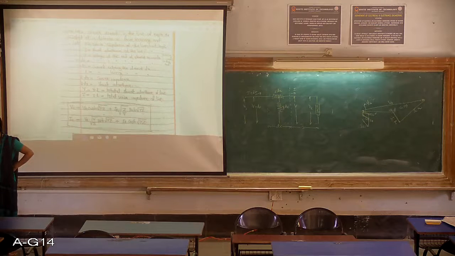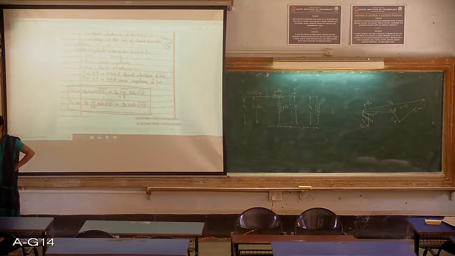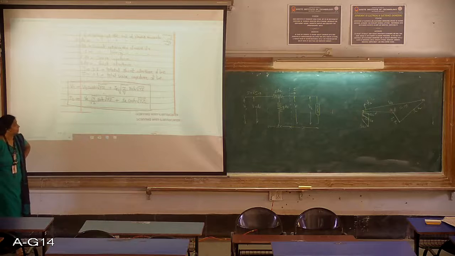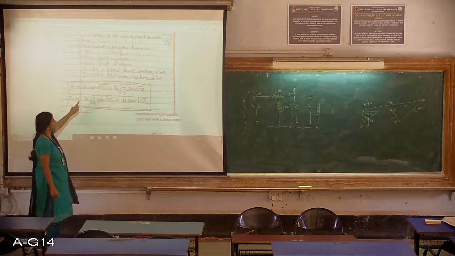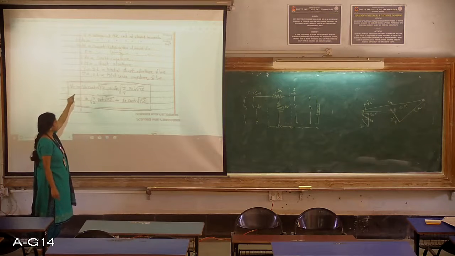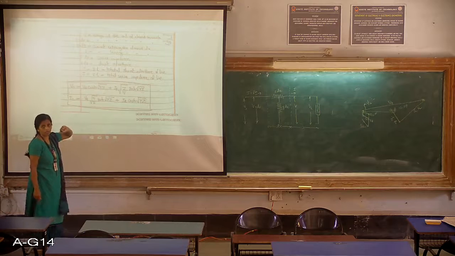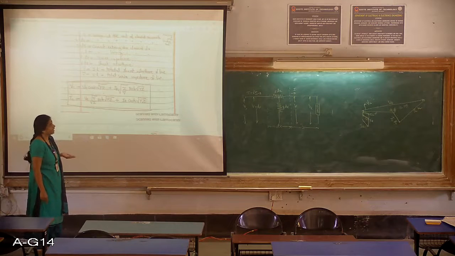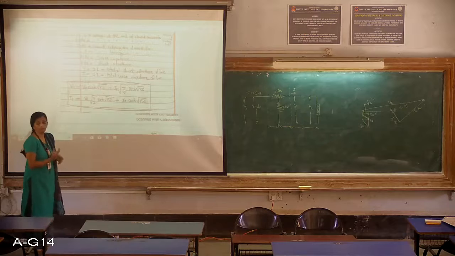Now there are no derivations, but you have to just remember these formulae for the long transmission line. Your sending end voltage is given as VR into cos hyperbolic root of YZ plus IR into root of Z by Y sin hyperbolic root of YZ.